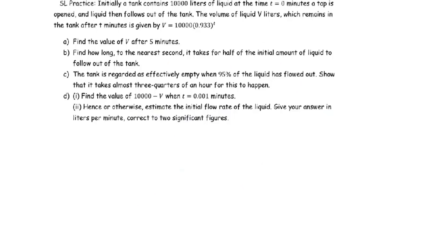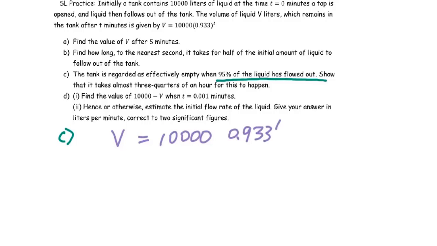Now let's go to C. The tank is regarded as effectively empty when 95% of liquid has flowed out. Show that it takes almost 3/4 of an hour for this to happen. For this formula, V equals 10,000 times 0.933 to the t power.